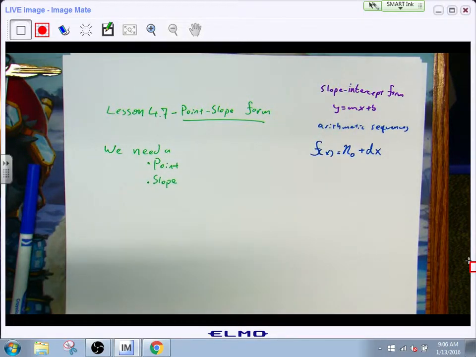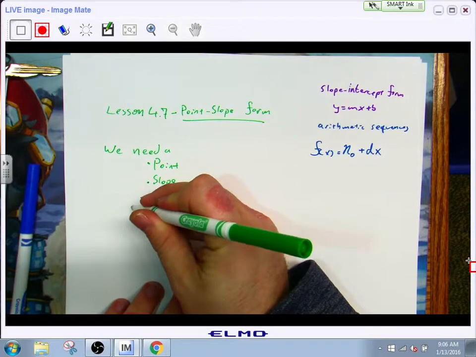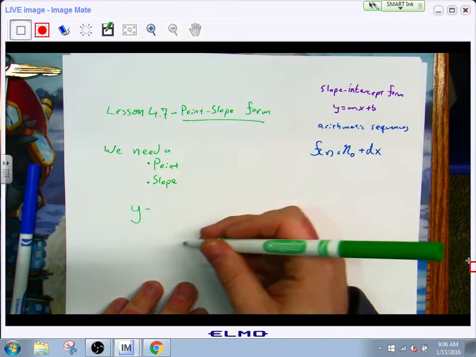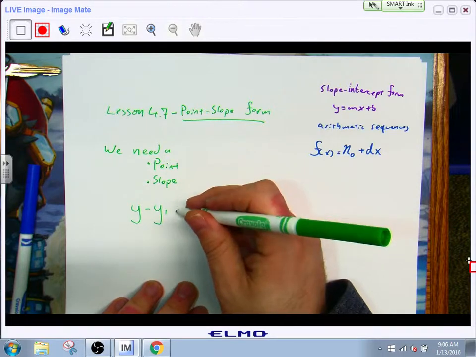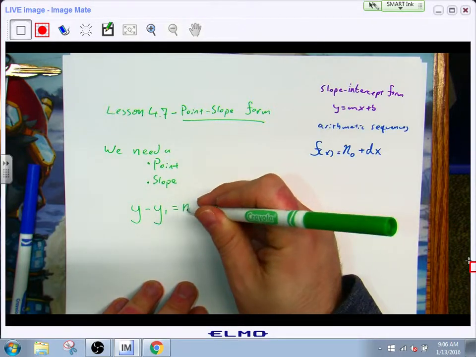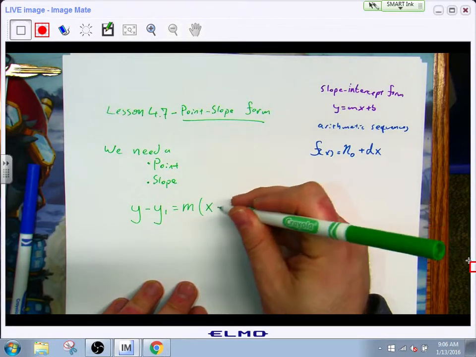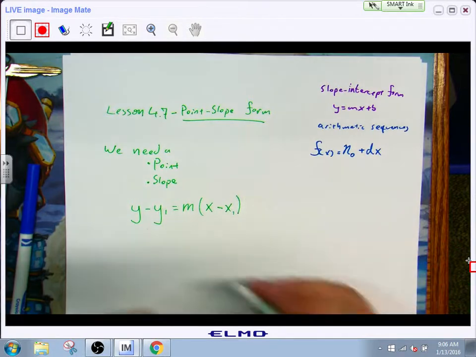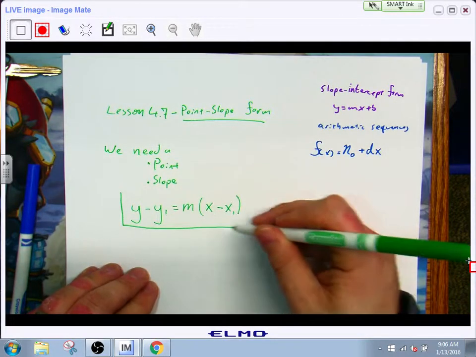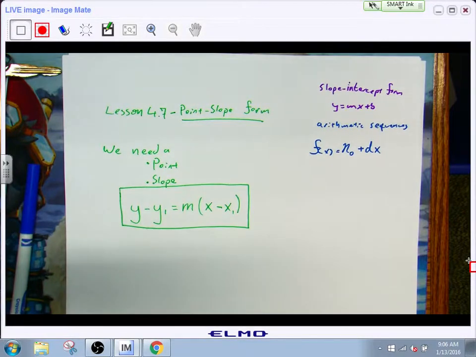So the basic form of point slope form is going to be this: y minus y1 equals m times the quantity x minus x1. And I'll go into what each of these elements are.